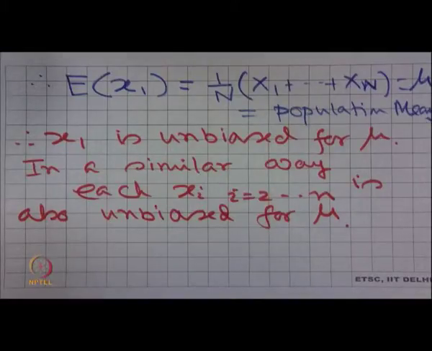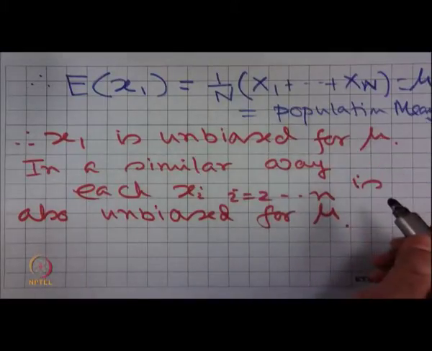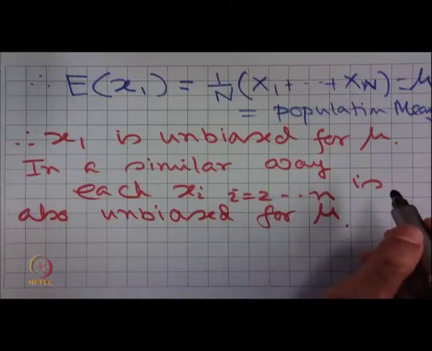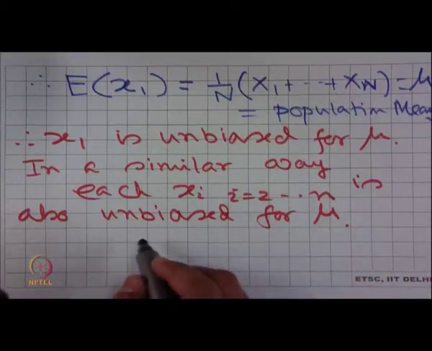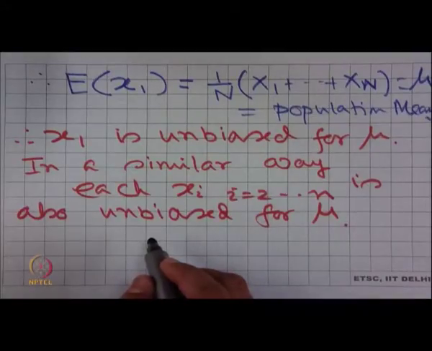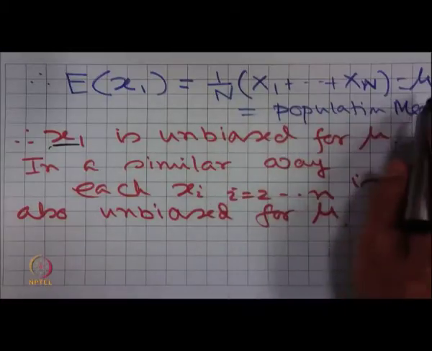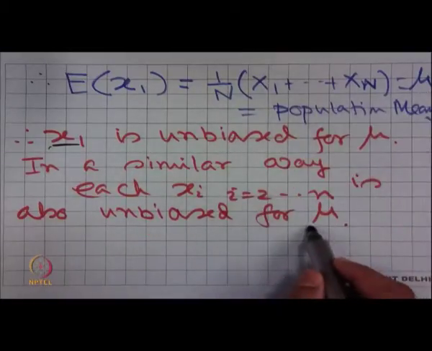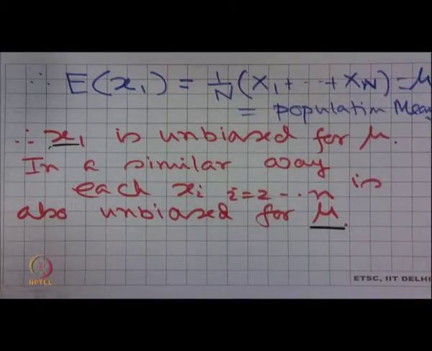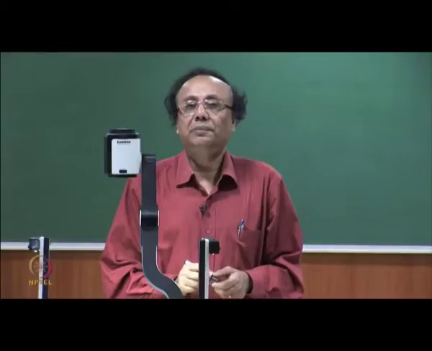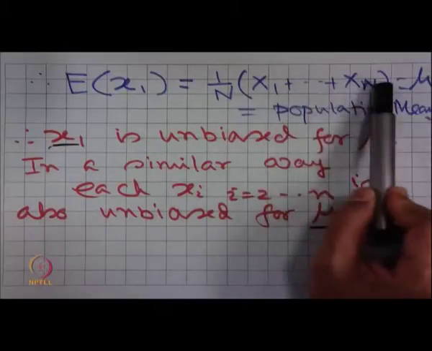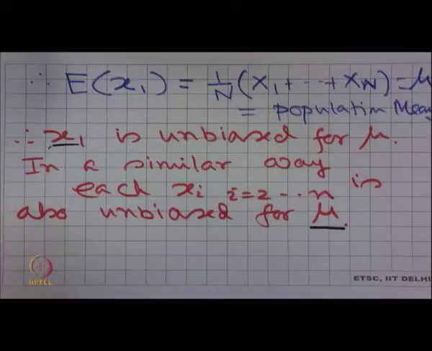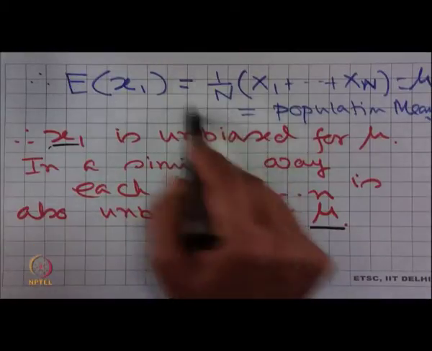And this is true not only for simple random sampling with replacement. Even if we do without replacement, we have seen earlier that each one of them will be an unbiased estimator for mu, because each xi, irrespective of whether it is with replacement or without replacement, will take the values X1, X2 up to capital XN, each with probability 1/N.